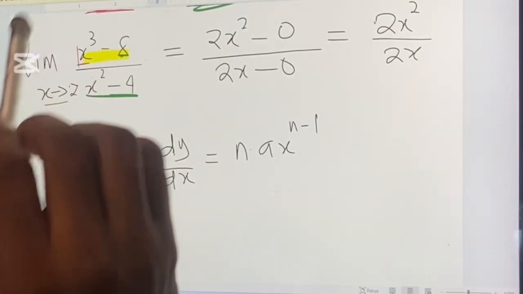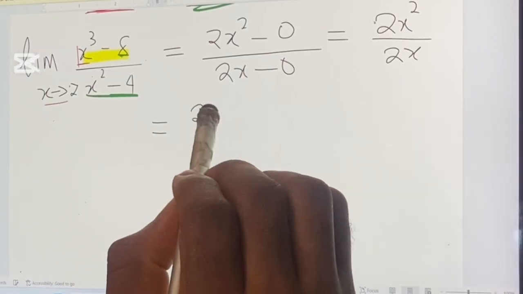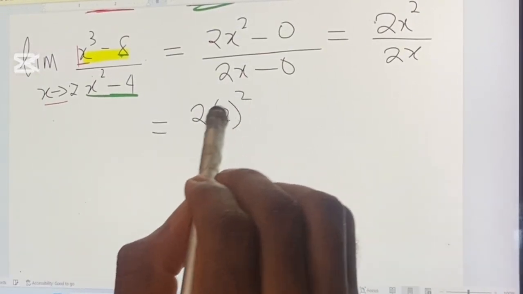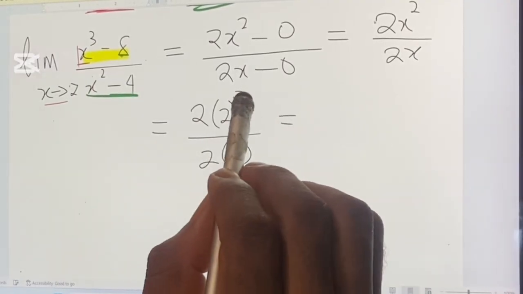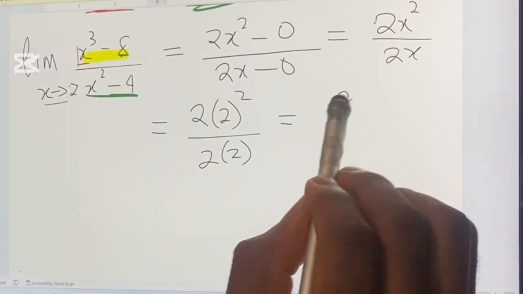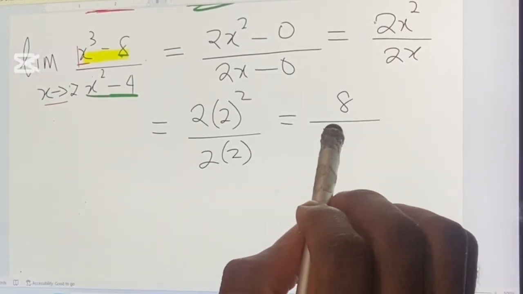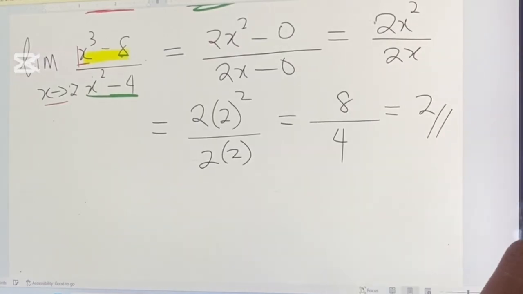When we replace the value of s as 2, we have 3 into 2 squared over 2 into 2. This will be equal to 2 raised to the power of 2 is 4, 4 times 3 is 12, over 2 times 2 is 4. So when you divide it, this will be 3. Please take note of this, okay? So my answer to this is 3.